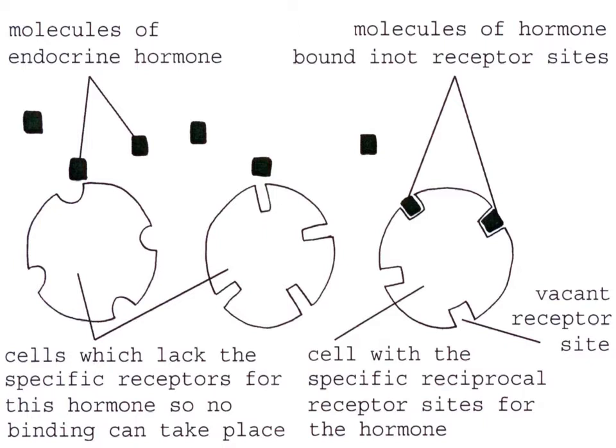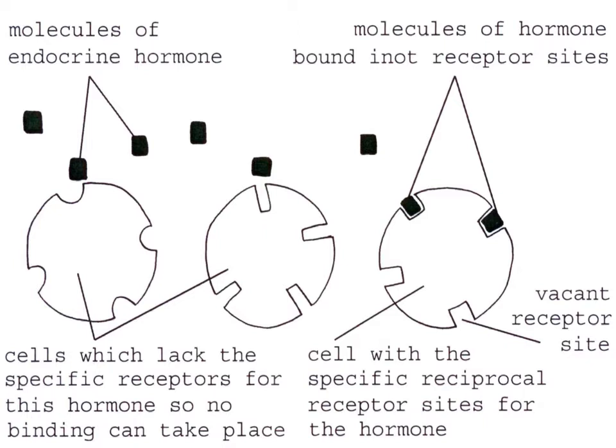And the cells which comprise the tissues of the body have many receptor sites on internal and external cell surfaces. However, only the signal with the correctly shaped key can activate a specific receptor site. Now, a target cell may have several thousand receptor sites for a particular hormone on its external cell membranes, and indeed sometimes on its internal surfaces.